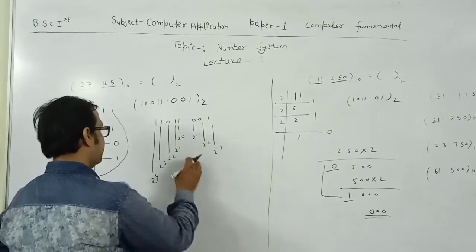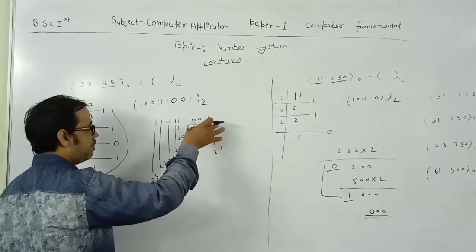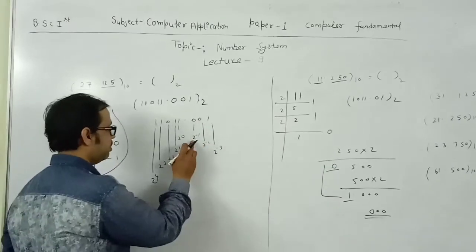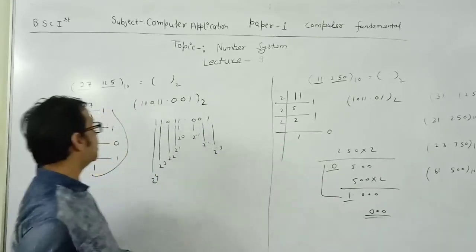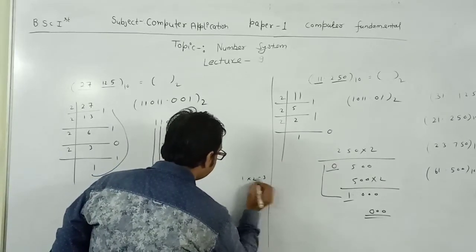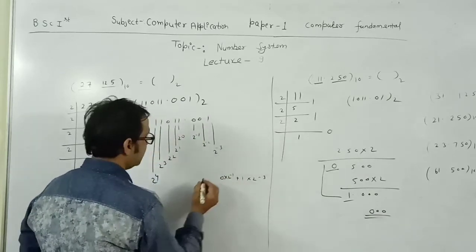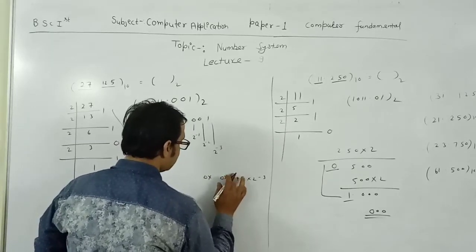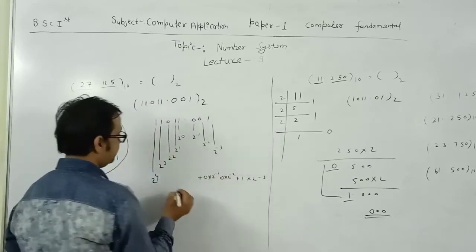So from the point you go to the right side, and the place values start with minus 1, minus 2, minus 3, and with more digits, minus 4, minus 5, minus 6. So start multiplying with it. So 0 into 2 power minus 1, plus 0 into 2 power minus 2, plus 1 into 2 power minus 3.